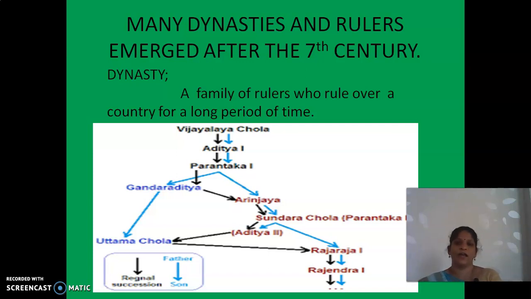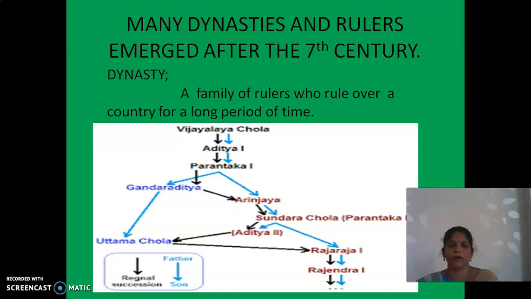Many dynasties and rulers emerged after the 7th century. A dynasty means a family of rulers who rule over a country for a long period of time. That's called a dynasty.